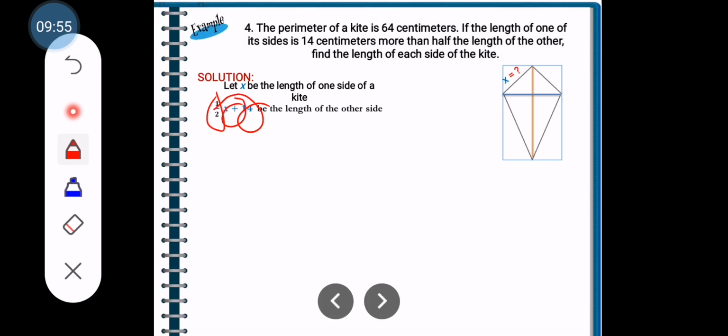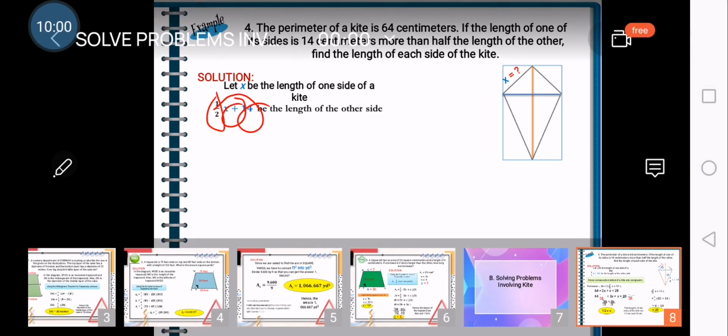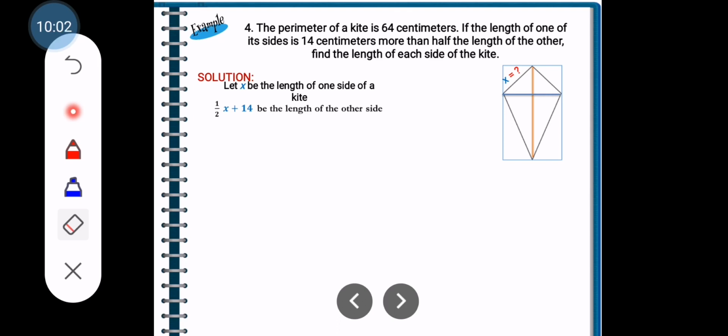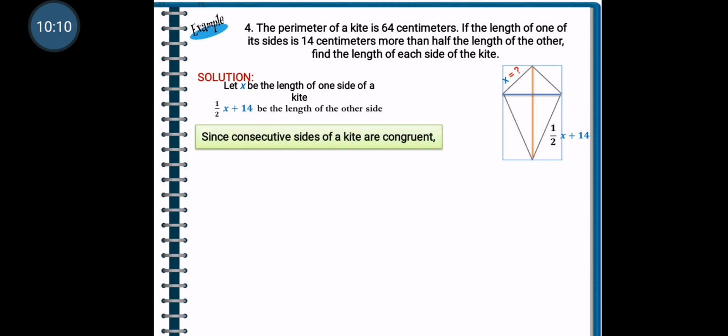Kapag more naman, papunta naman dito sa kabilaang sulat. So ito yung side na 14 more than 1/2 of the missing side. And since consecutive sides of kites are congruent, kaya po ang perimeter is equal to twice the missing side plus 2 times 1/2 x plus 14.